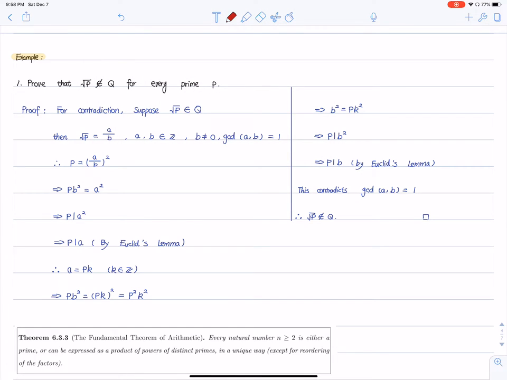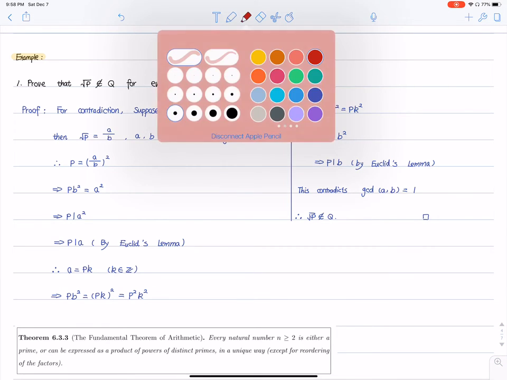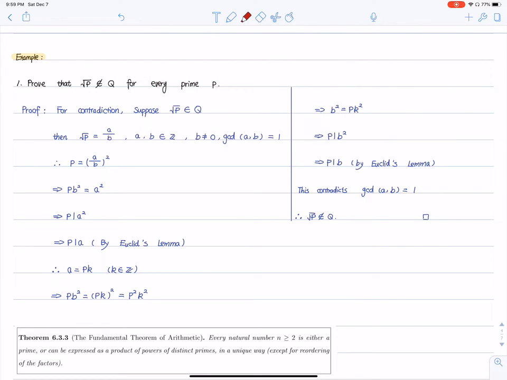Then we can write this as A over B. If a number is rational, you can write it like this, where A, B are integers and B is not 0. Also, this is quite important in this question: the GCD of A, B has to be 1, because later we'll use this to reach our contradiction.